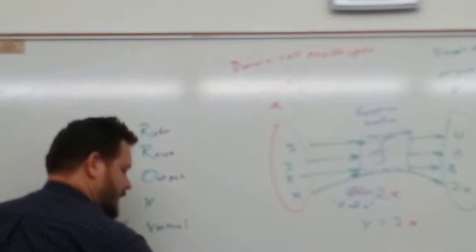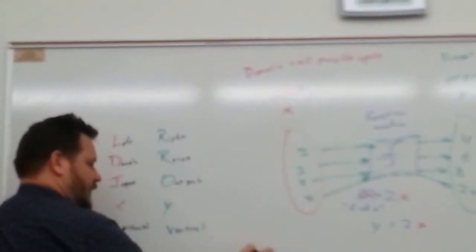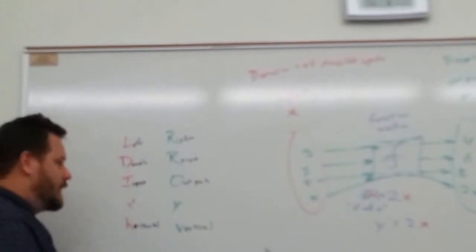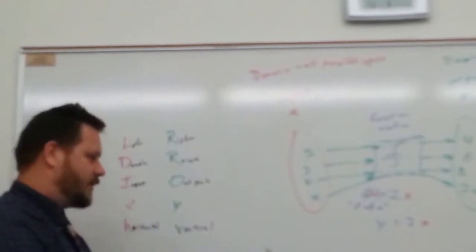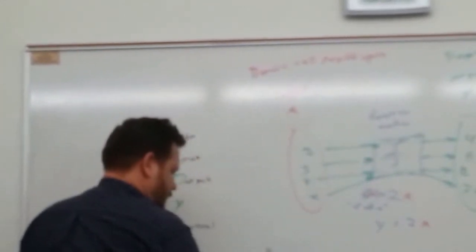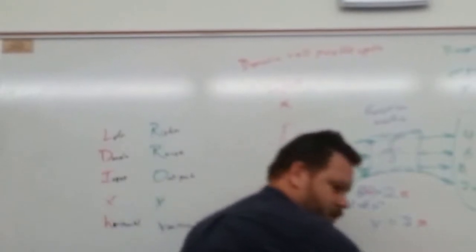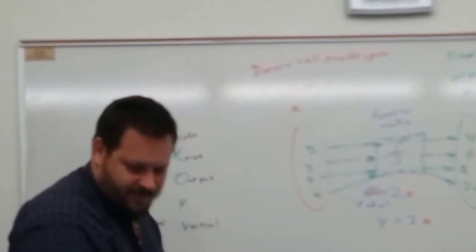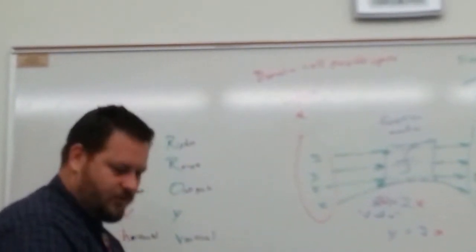When we graph things, our x-axis is horizontal and our y-axis is vertical. Horizontal and vertical is also the same alphabetical order. We're not graphing these things yet, but I imagine we will before too long.